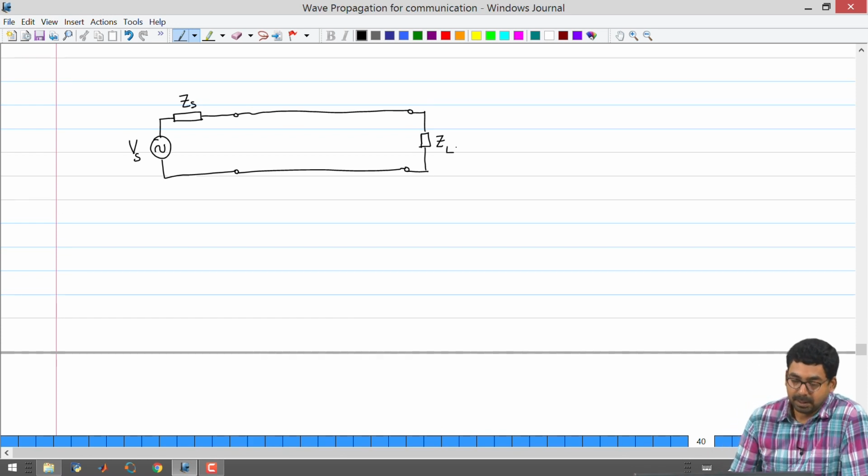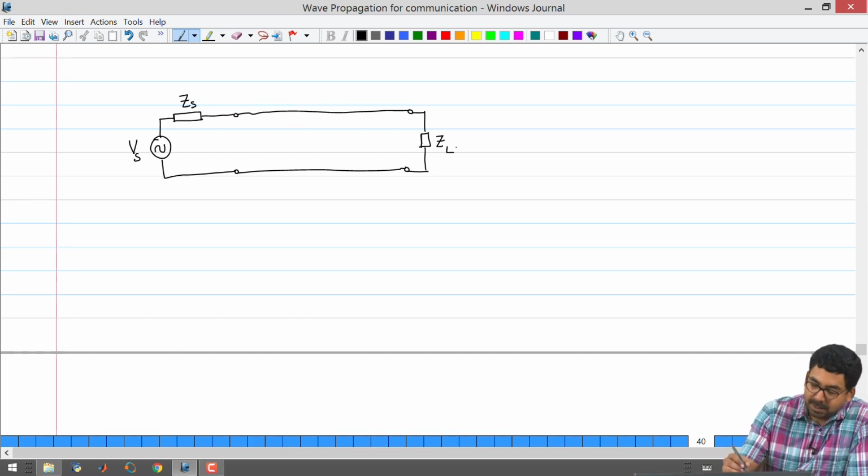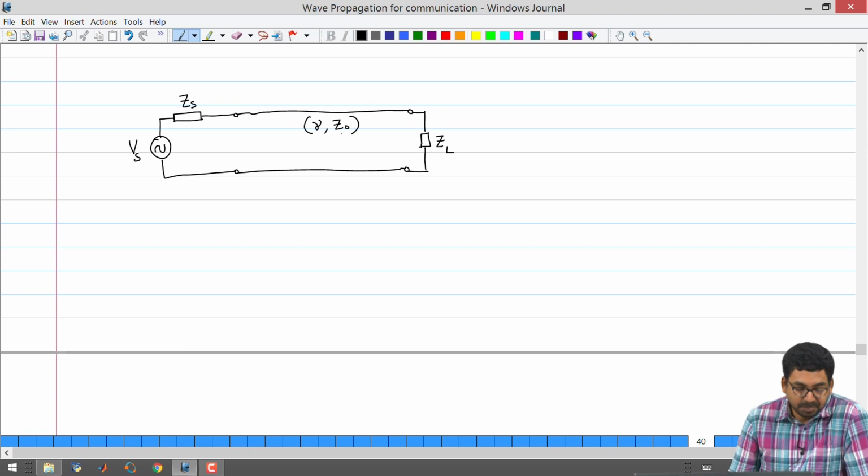In order to say that this is a transmission line, we provide some parameters in the circuit diagram. We say that the propagation constant is gamma, characteristic impedance is Z naught. We also want to mention something about the length of the transmission line.